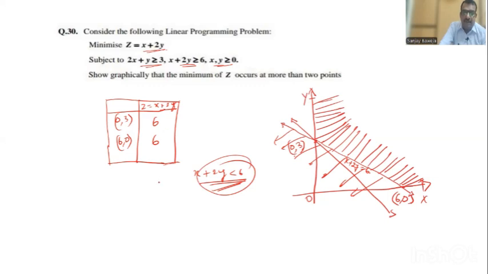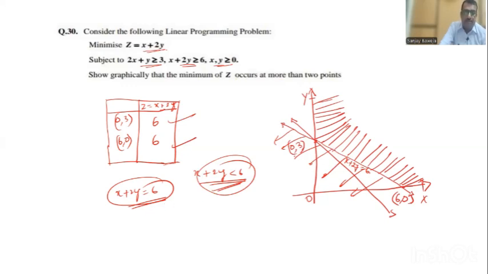So we can see every point on the line x plus 2y equal to 6 actually gives you the solution. So the question is, show that minimum z occurs at more than 2 points. So 2 points are already given to us, 0, 3 and 6, 0. We have found that.